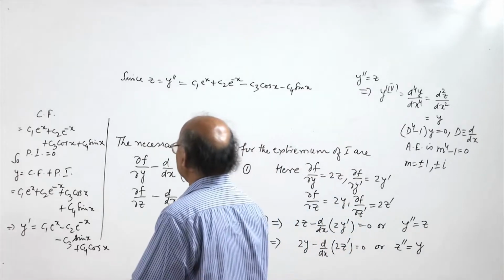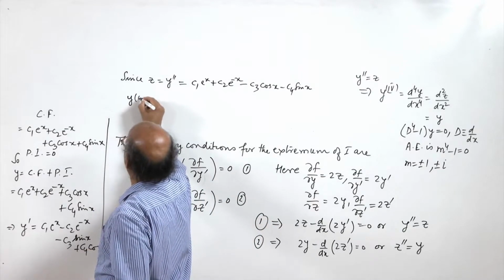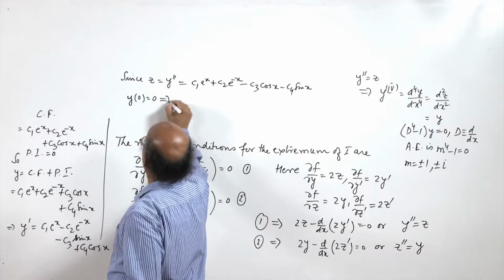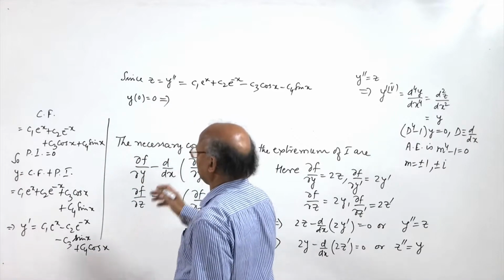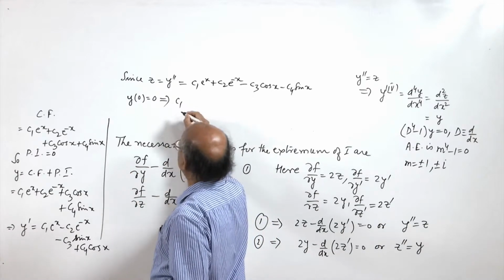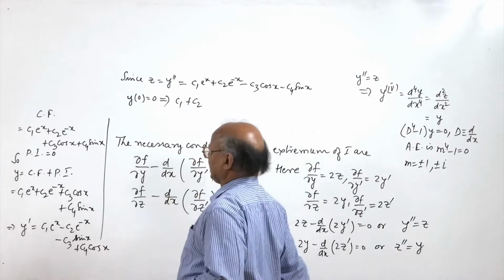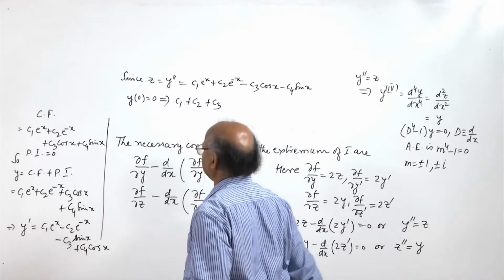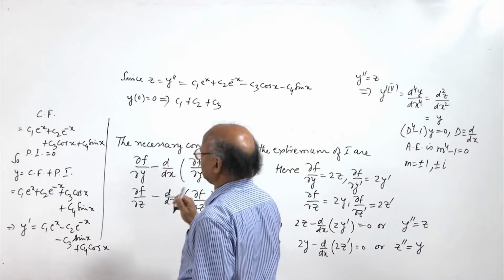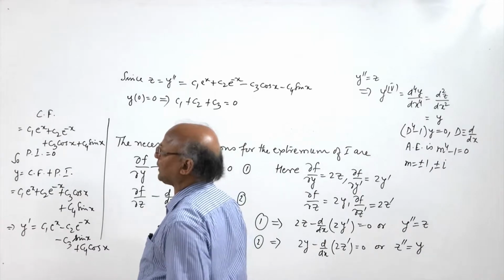Okay. Now y0 equal to 0 gives you, put 0 for x, you get c1 e to the power 0 which is 1 plus c2, then we have c3 cos 0 is 1, so we get c1 plus c2 plus c3, sin x is 0 when x is equal to 0, so this is equal to 0, and then y at pi by 2 is 1.